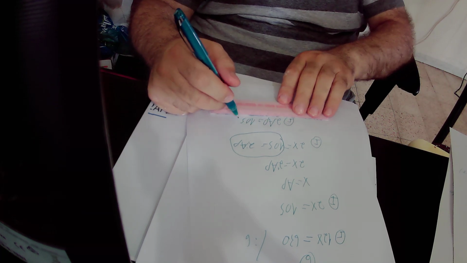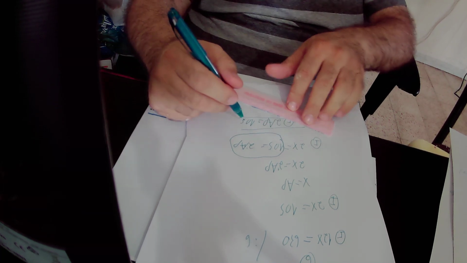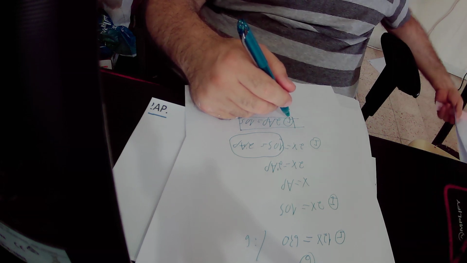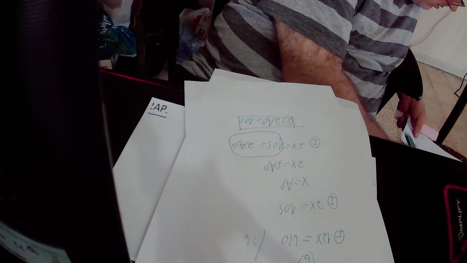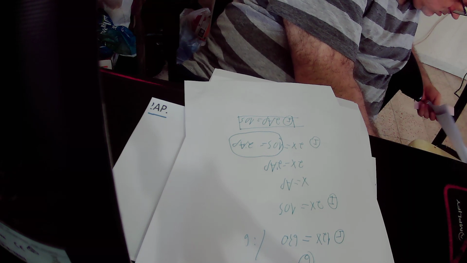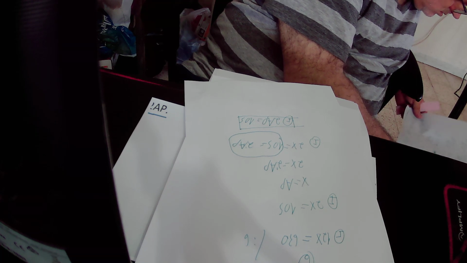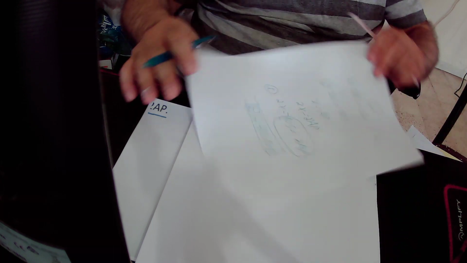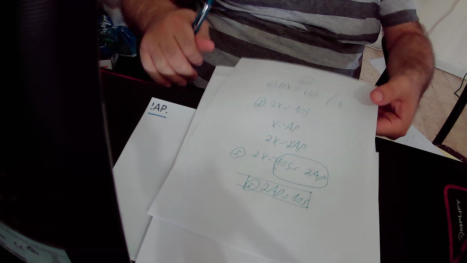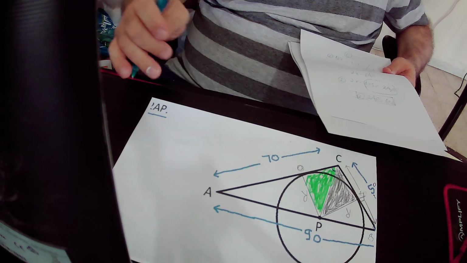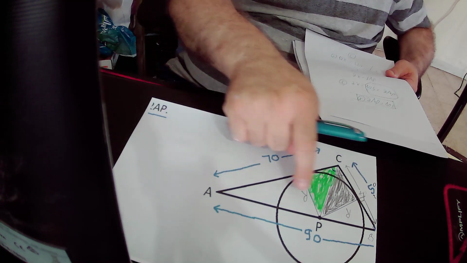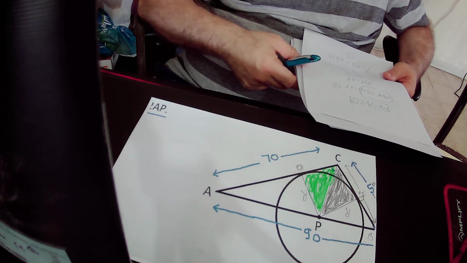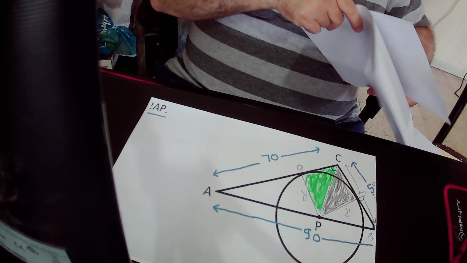Actually, that was the equation. We wanted to find the value of 2 times AP, and we found out that the value of 2 times AP is 105 units. Okay, so I will summarize the lecture.